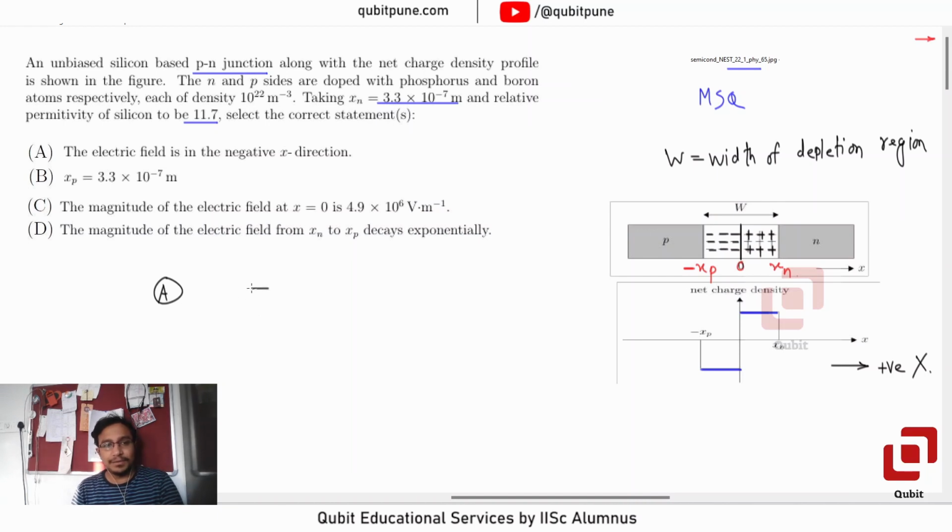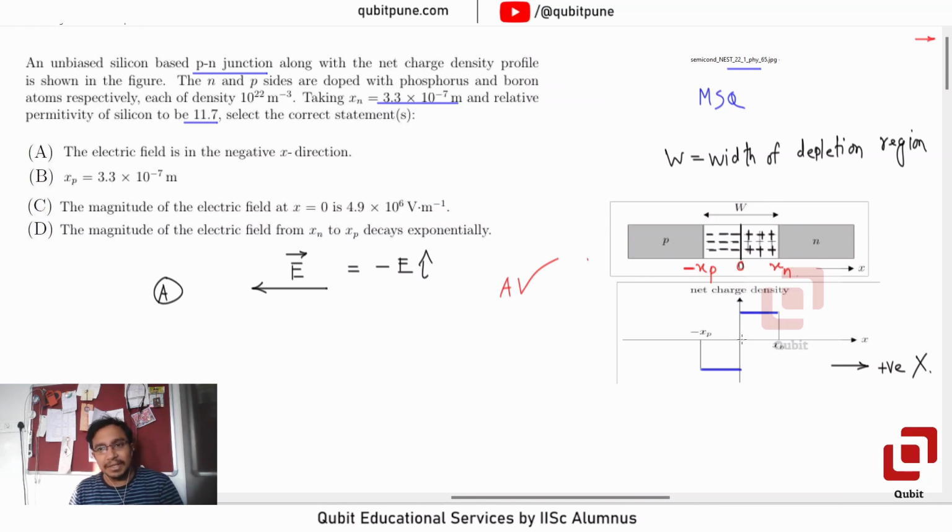So what will be the direction of the field? The direction of the field will be like this. Will this field be along negative x? Yes. Considering the geometry, E bar will be negative E i cap. So A will be right.